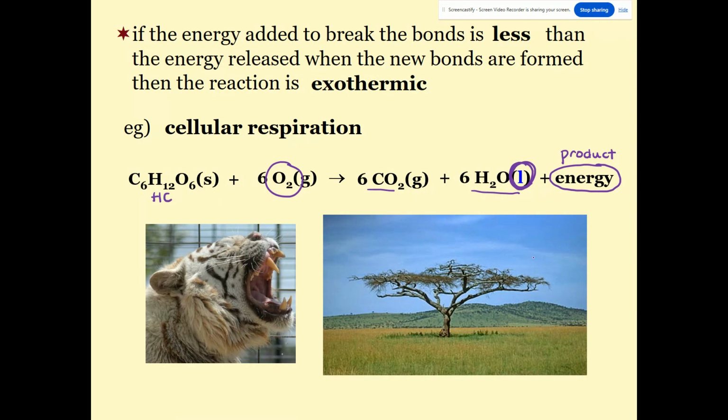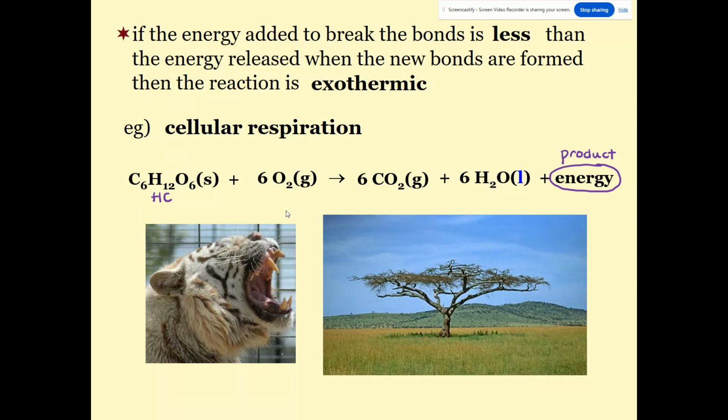Most hydrocarbon combustions in an open system will produce water vapor, water in its gas phase. But here, in our body at 37 degrees Celsius, it's going to be in liquid phase. That's going to become really important later on when we start doing calculations to find out the energy values, whether you have liquid water or water vapor. So make sure you're very careful with your states.